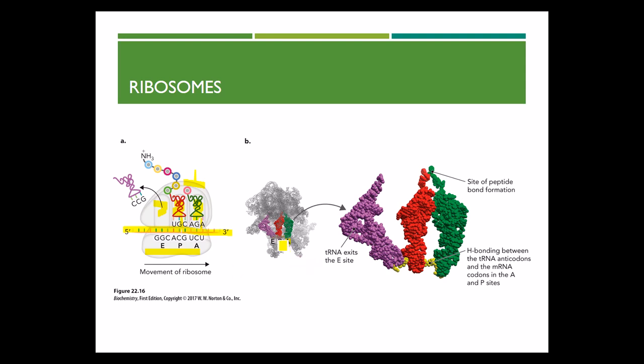Then you'll have a shift to the P site, which is called the peptidyl site. This is going to bind the transfer RNA with the growing peptide chain. Finally, it moves to the exit, or the E site, which binds the uncharged transfer RNA, now without the amino acid attached to it, before it leaves the ribosome.